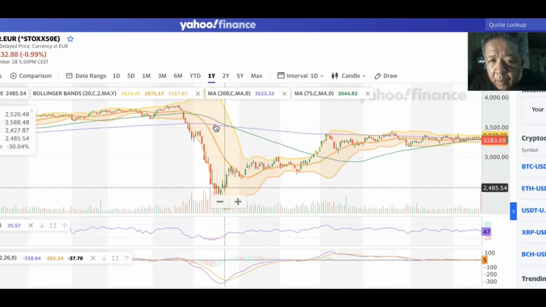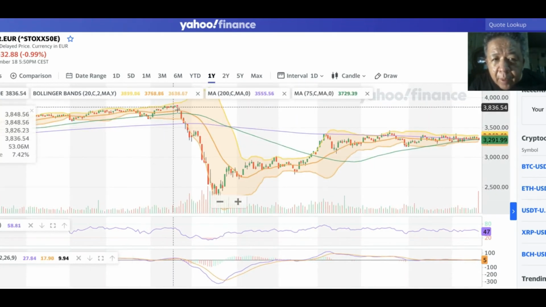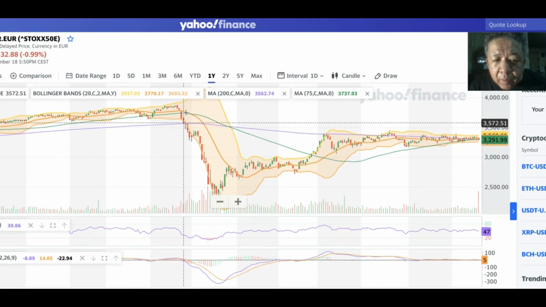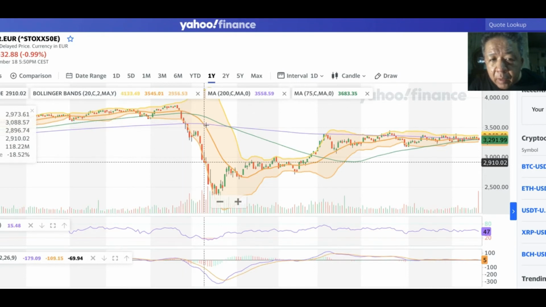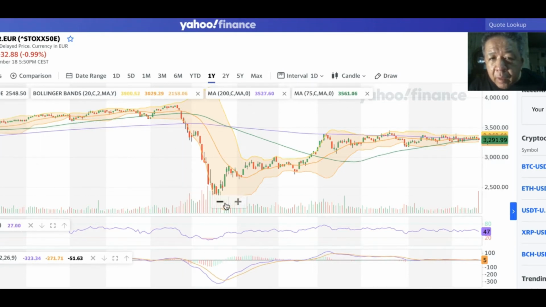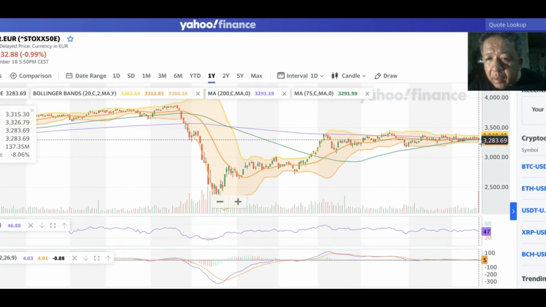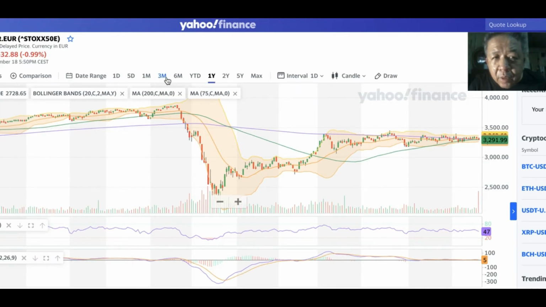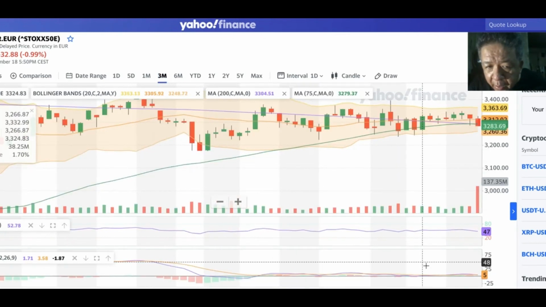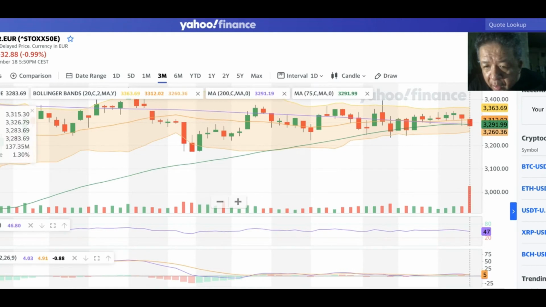In the 1 year view, we will see the price breakout, sometime in late February and March it went down, crashing, and then the market recovered, and now it's suddenly in a ranging position. So STOXX in Europe is in a ranging position. You will verify that with ADX. Look at ADX.